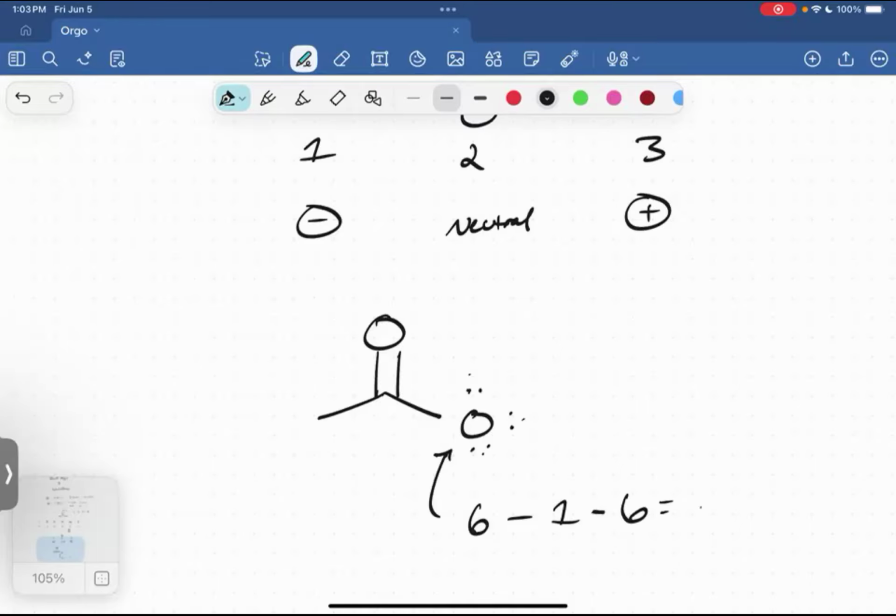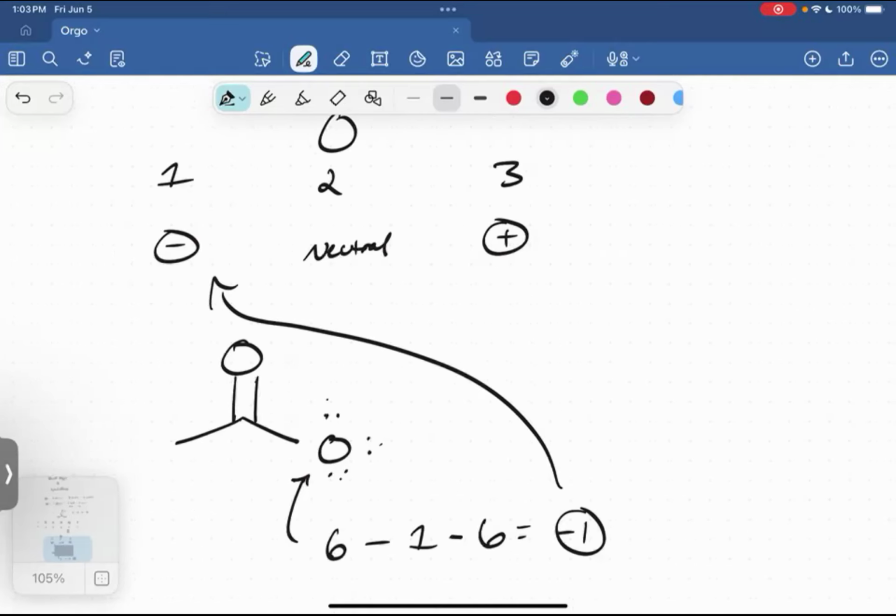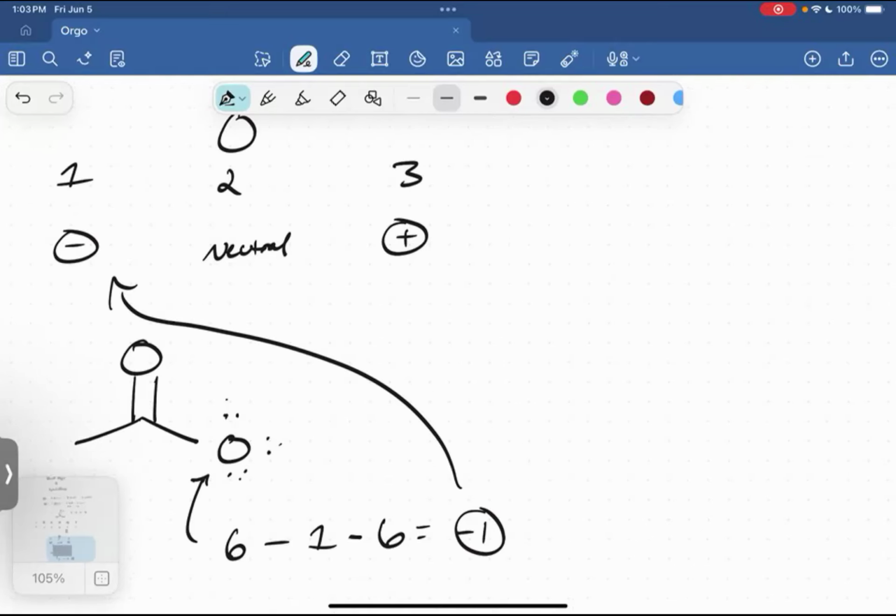What do we get? Minus 1, which checks out, right? If oxygen is making one bond, and it does in fact satisfy a Lewis structure, then it would be negatively charged. How about if it's making 3 bonds?